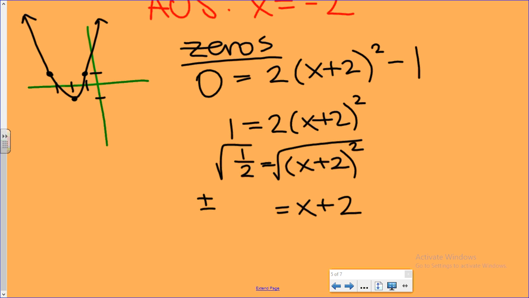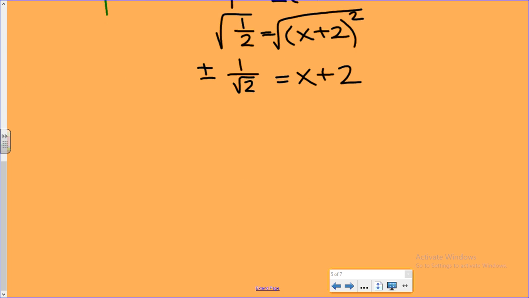Okay? And we have the square root of 1/2. The square root of 1 is 1. The square root of 2 is the square root of 2. Is this something that you're allowed to leave like that? No. You cannot leave a radical in the denominator, so we would have to rationalize that number to be square root of 2 over 2.